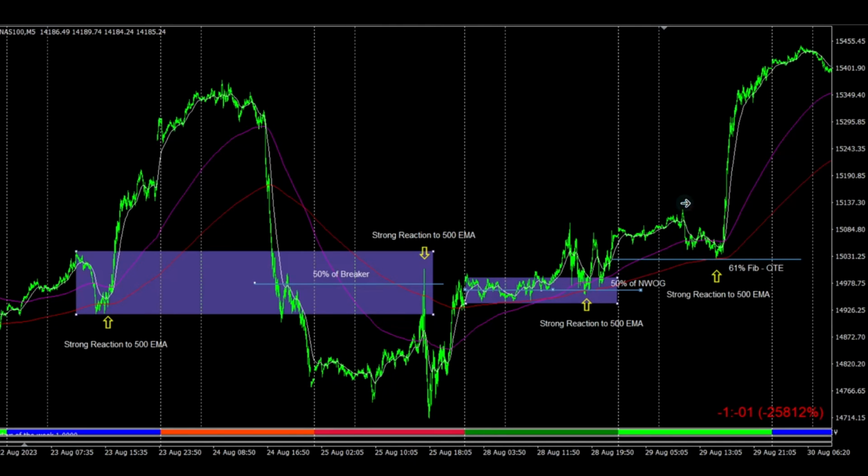And that is another entry, an OTE off of a strong reaction of a 500 EMA. So this 500 EMA and these three examples gave you confirmation of the ICT entries.